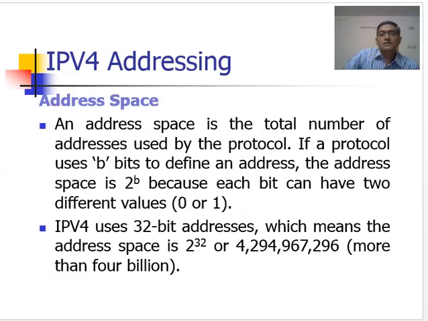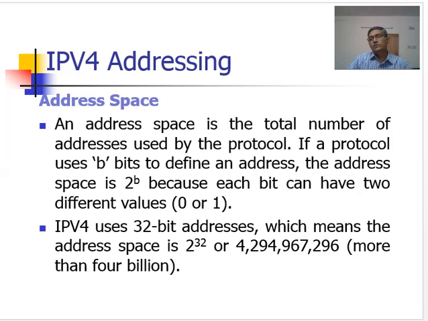Now, to understand IP version 4 addressing in detail, we need to understand the basic terminologies. First one is address space. The address space is the total number of addresses used by a particular protocol. So if a protocol uses B bits to define an address, the address space is 2 power B. Why 2 power B?